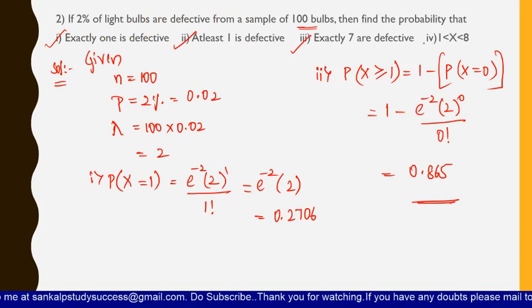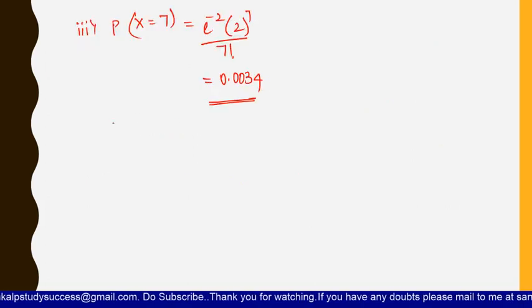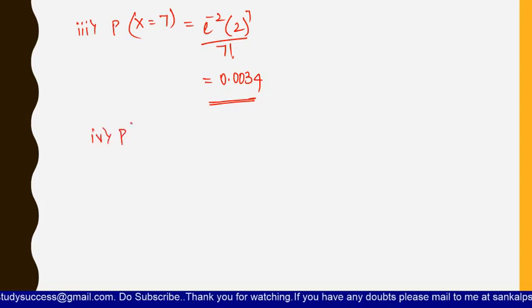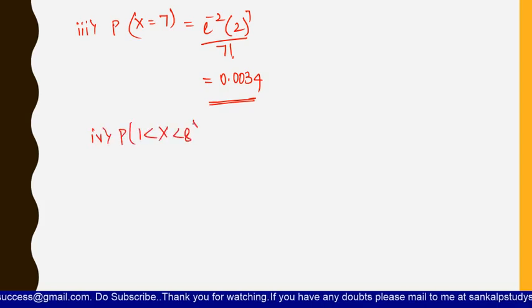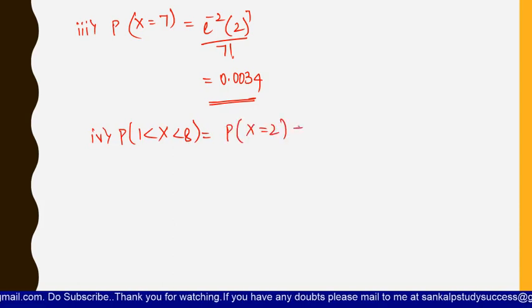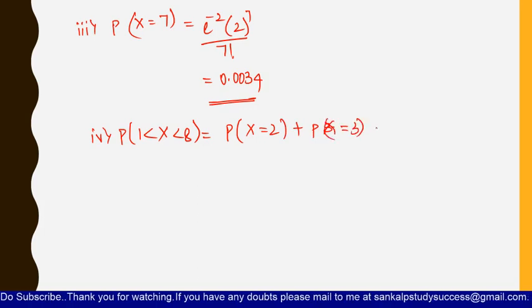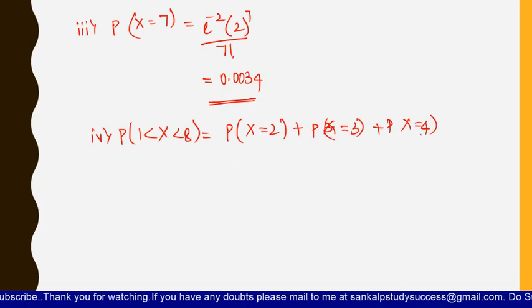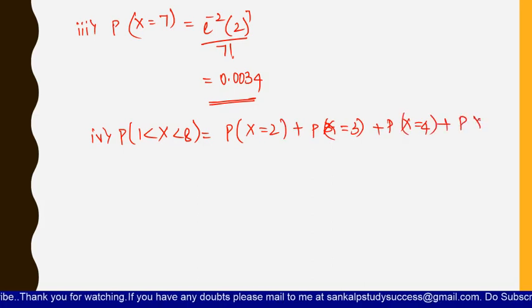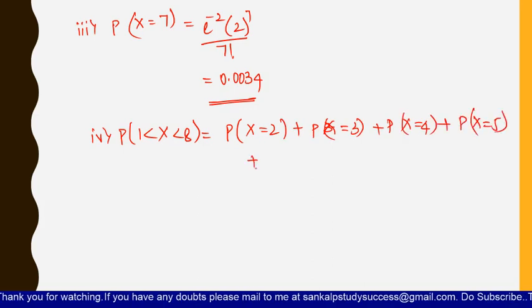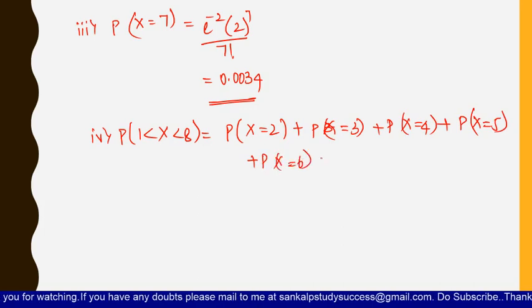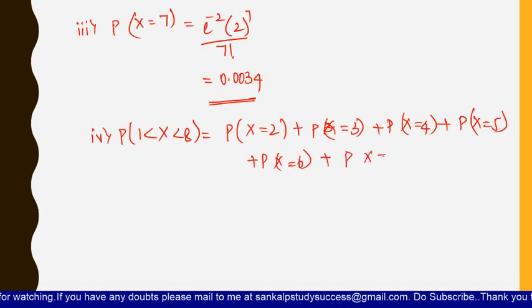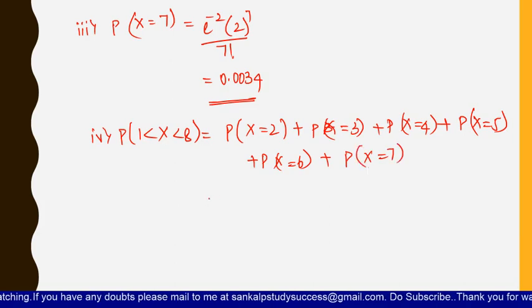So now let us find the fourth question, which is x lying between 1 and 8. That means the probability of 1 less than x less than 8, which is nothing but probability of 2 plus 3 plus probability of 4, 5 plus 6. You have to add till 7, right? Because 1 and 8 are excluded. So it is from 2 to 7.